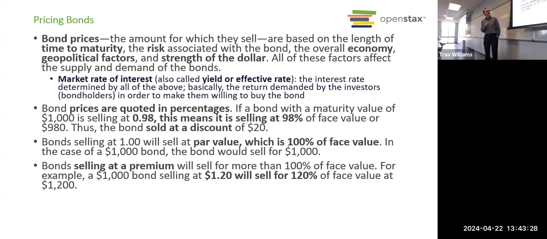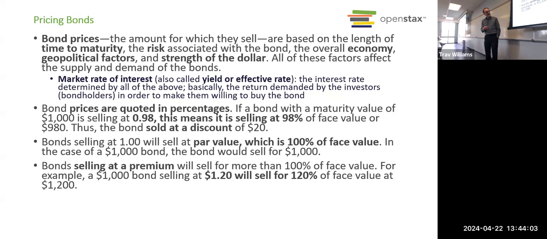If the bond is selling at a discount, the way we identify that is a percentage that's less than 100%. So if a bond is selling at 0.98, that means it's selling at 98% of its face value. You purchasing the bond would pay less than the full face value. On the other hand, if the bond is selling at a premium, it would be more than 100%, right?